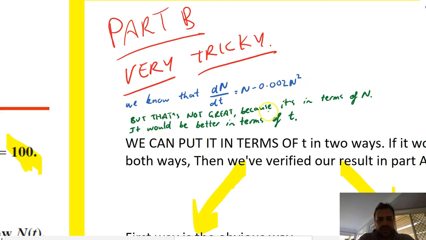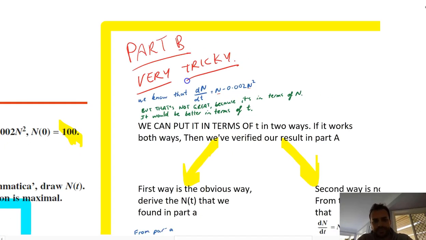But it's not great because that function is in terms of N. And when we've got a derivative function, we really want it in terms of t, the thing that's on the bottom of this thing here. So all of the complications arise from that fact. If it was in terms of t, then this would be a no-brainer. We'd just anti-derive it and we'd be fine.